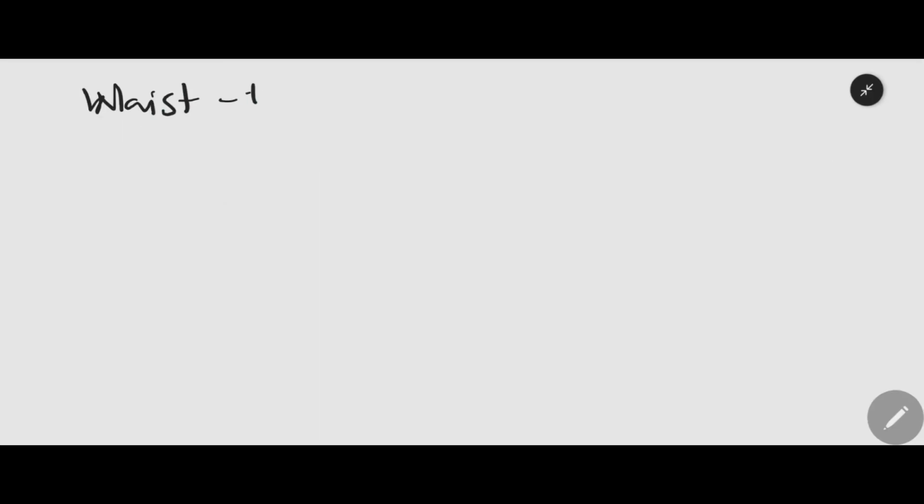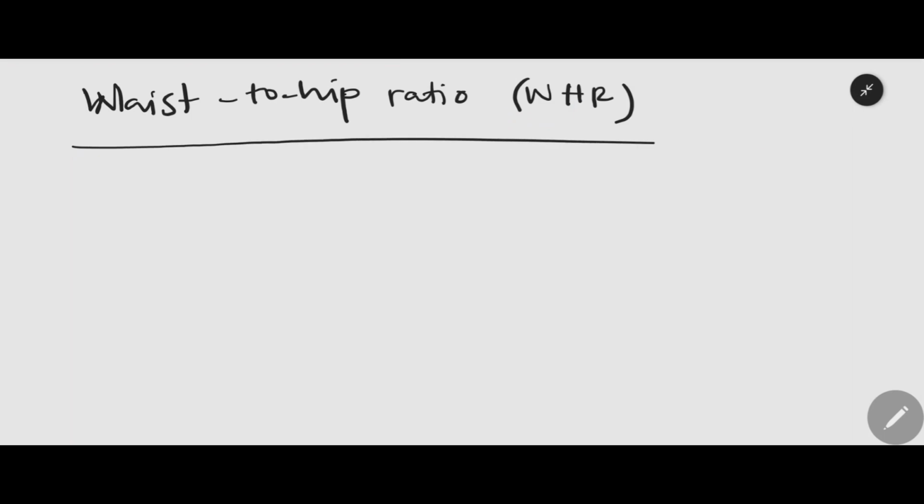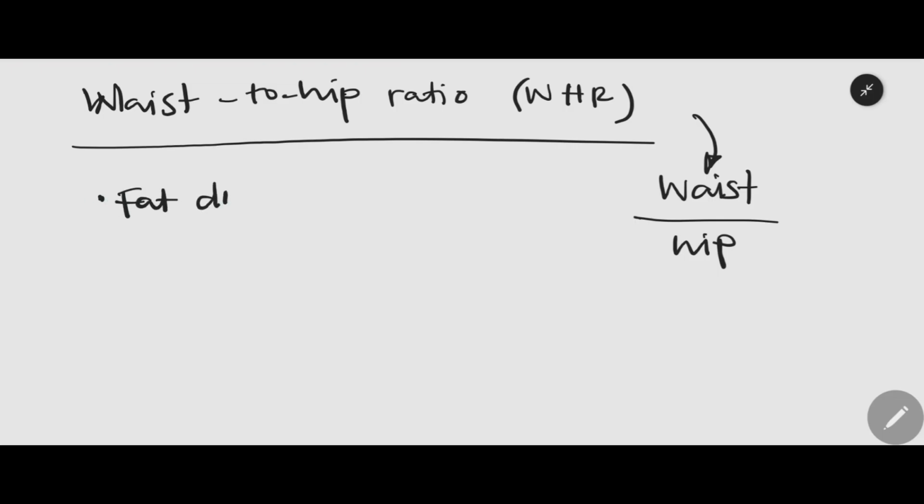Now, waist to hip ratio, or WHR. Your waist to hip ratio, in simple terms, is the waist circumference divided by the hip circumference. This is a metric that helps to show the fat distribution around your abdominal area.